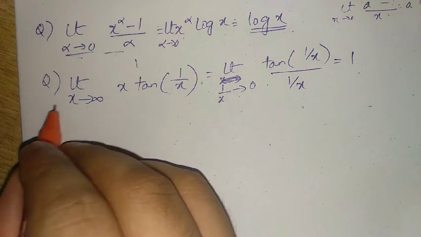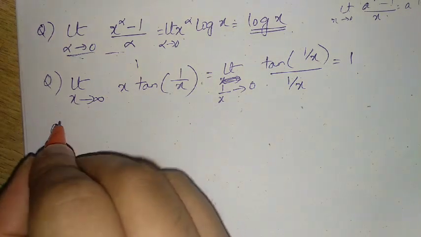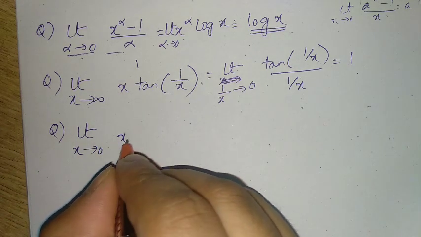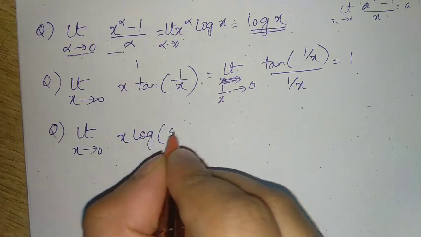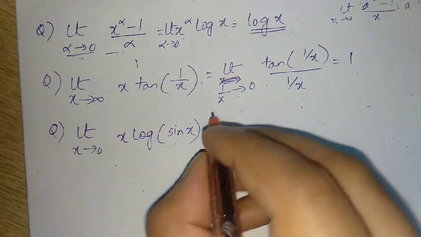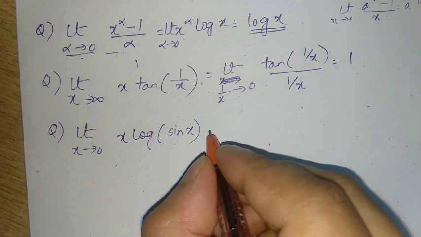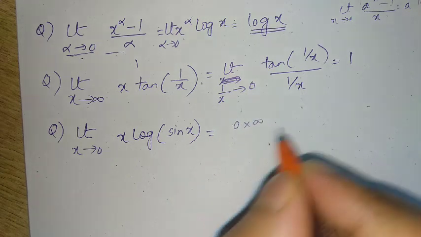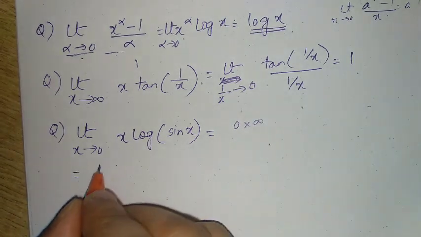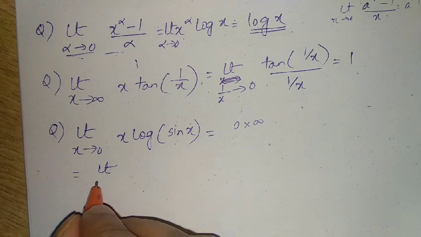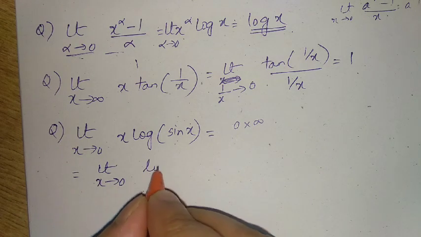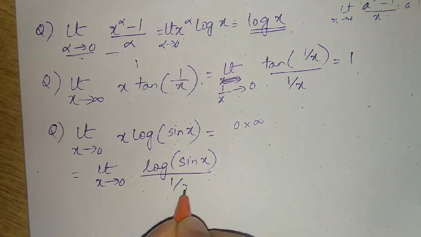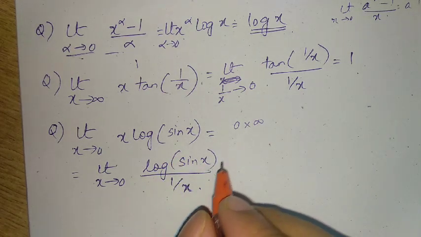So next question is limit x tends to 0, x log of sin x. Okay, so here it is like 0 into infinity form. So first we will convert it into infinity by infinity form. Limit x tends to 0, how to convert that? Log sin x divided by 1 by x. Now we can apply the L'Hospital rule.